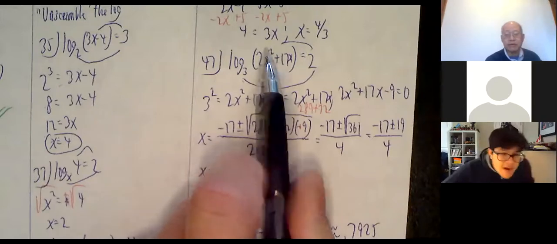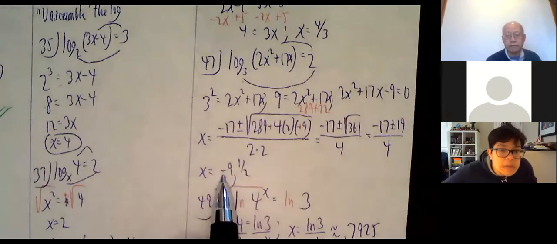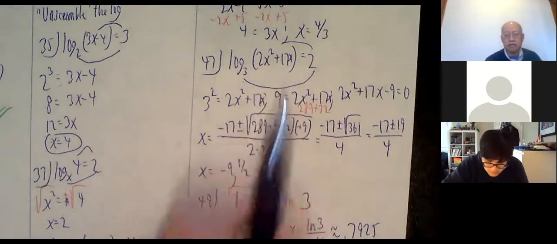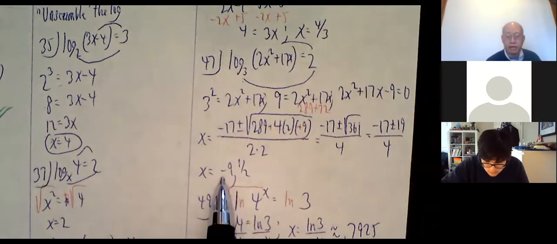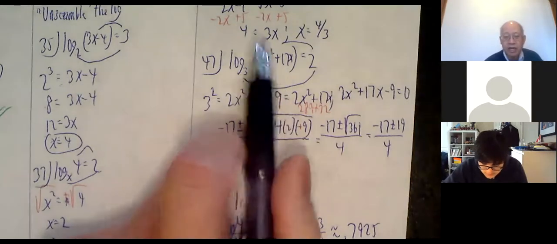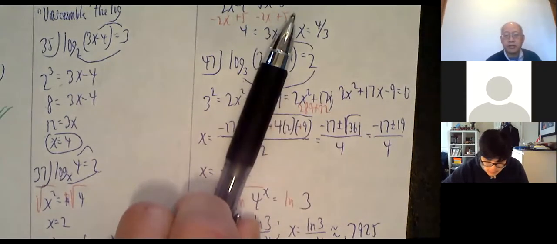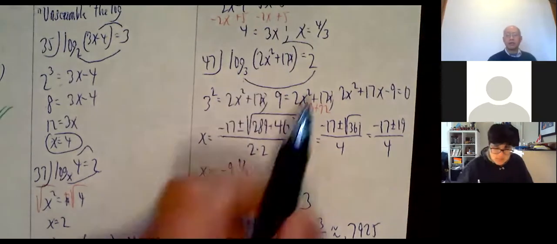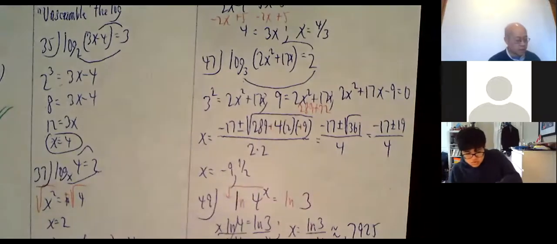Believe it or not, this is positive. So I keep the negative 9, and I keep a half. Half is clearly going to be positive. So I don't throw out the negative 9 just because it's negative. It's when you plug in negative 9 and the result of the whole calculation comes out negative that I throw it out. But after I plug in negative 9, it's still positive, so I keep it.